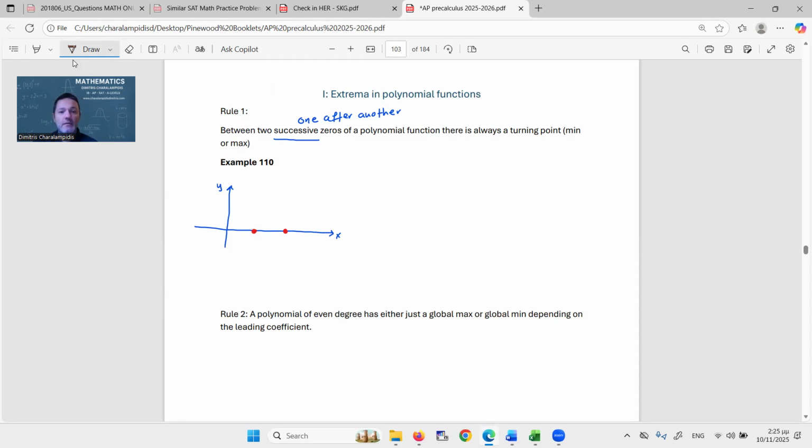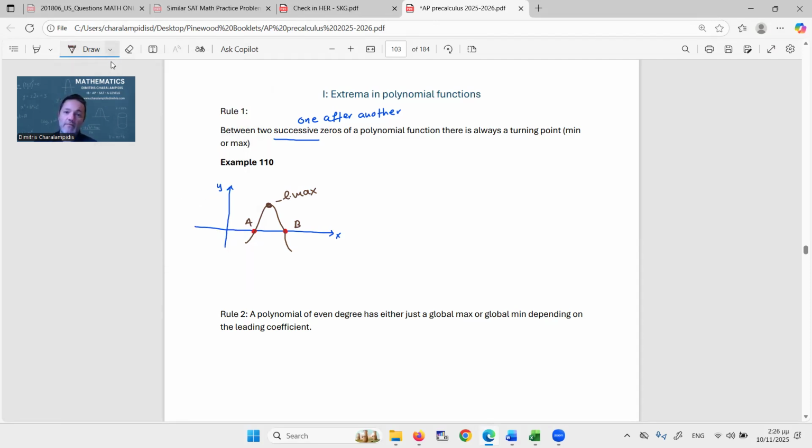Let's see what that means. Let's say that the graph was somehow like this. Since it passed through point A, and we want that graph to pass through point B as well, which are the two successive zeros, then at some point it has to turn back. So in this case, it would have been a point of local max.